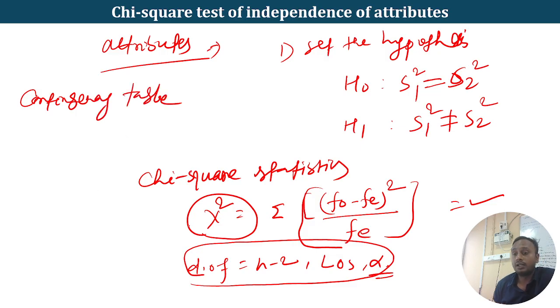to find out the value of expected frequency. Observed we already have an idea. Let's say we have a 2 by 2 contingency table. We'll solve.